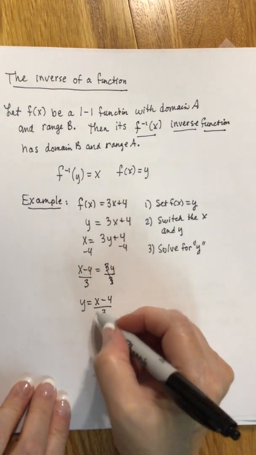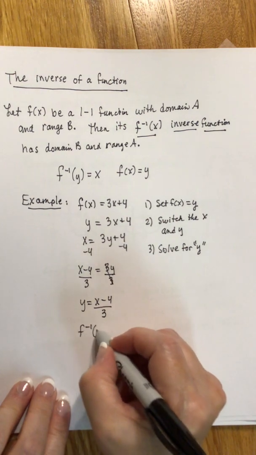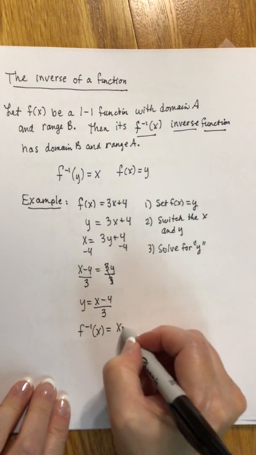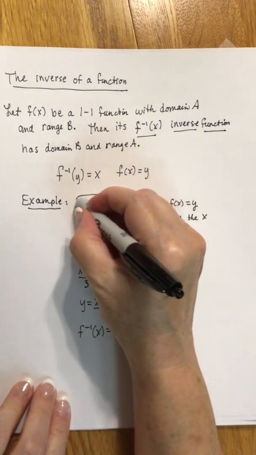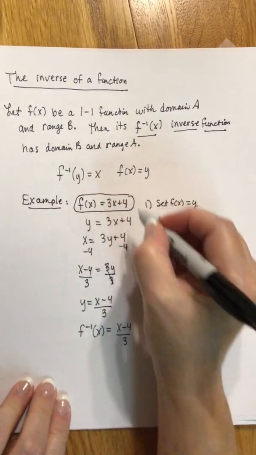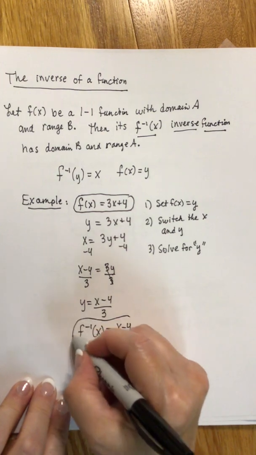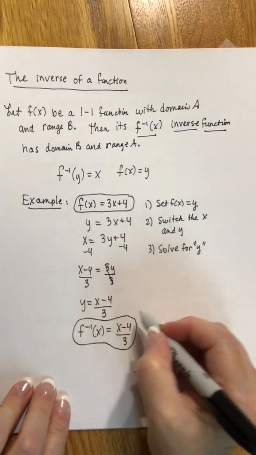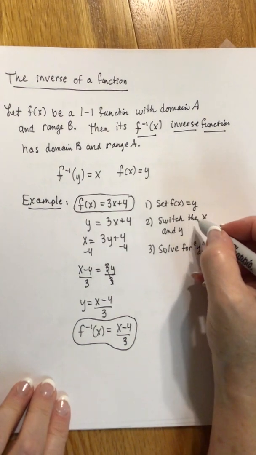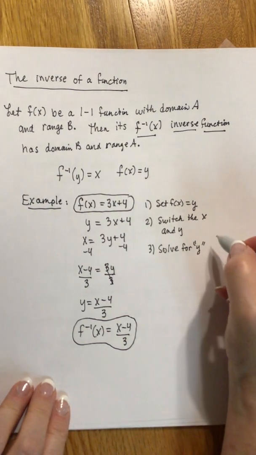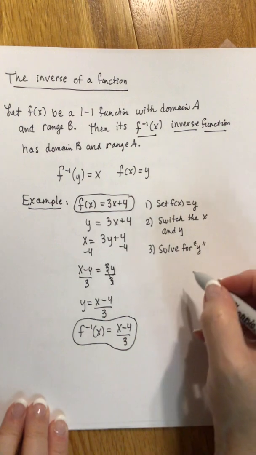And then this becomes f inverse of x equals x minus 4 over 3. So this was my original function, and this is my inverse function. So what do we do? We set the f of x equal to y, we switch the x's and the y's, and then we solve for y, and that finds the inverse function for us.